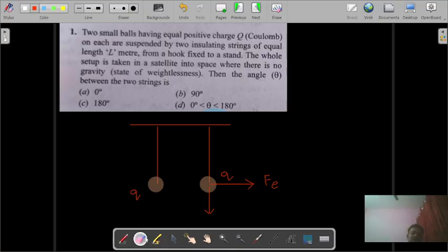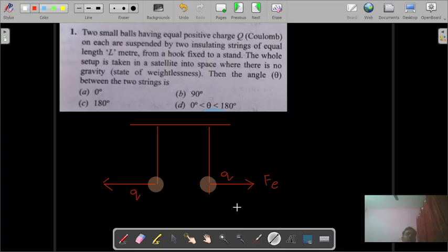Now the situation is we are not including gravity. There is no gravitational force acting on the two charges. There is only electrostatic force of repulsion between them. Since the two forces act opposite to each other and they are tied to a hook, there will be a linear motion opposite to each other. The two charges will move opposite to each other, and hence they will move to a situation where they have the minimum repulsion.